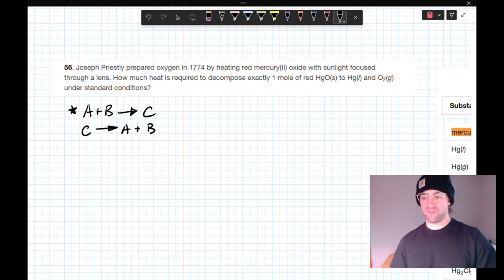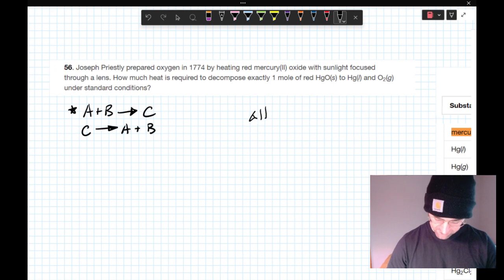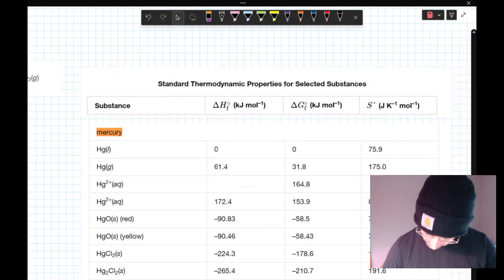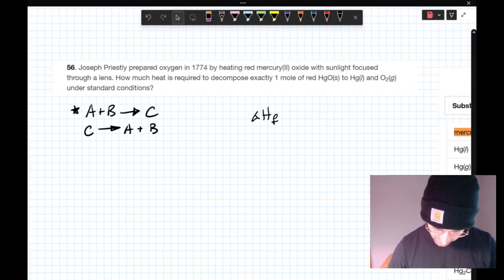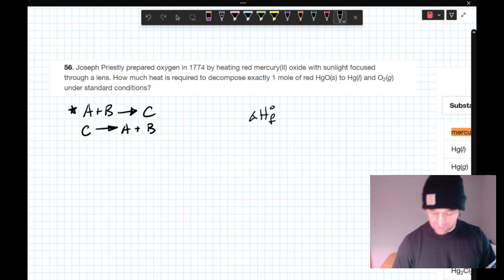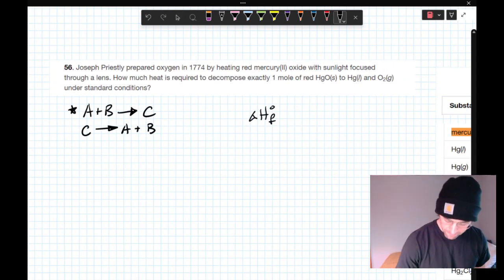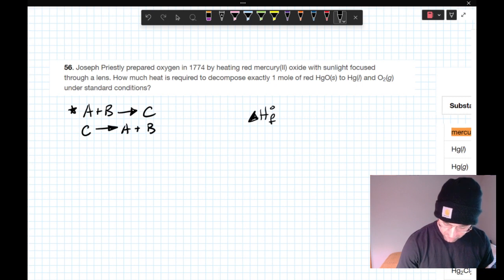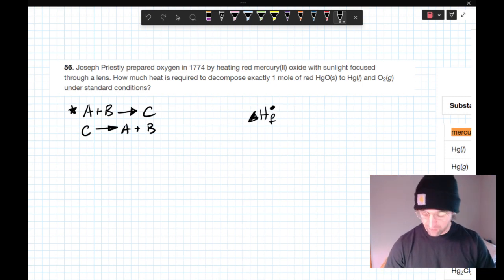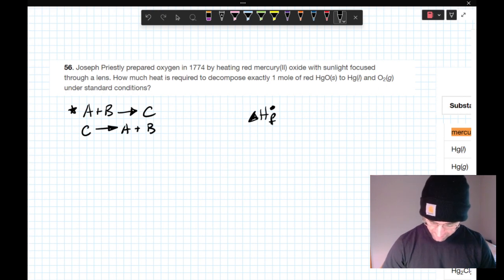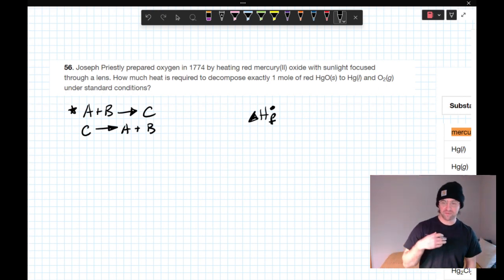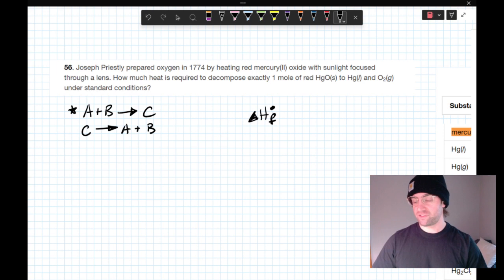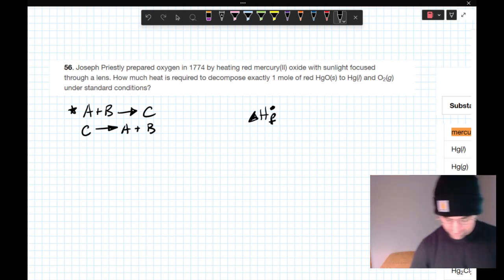We have tabulated values for the energy of formation, and that'll be written delta H prime sub F. Delta, of course, means change. This prime means under standard conditions, and the subscript F just communicates that this is the change in enthalpy of formation at standard state conditions.